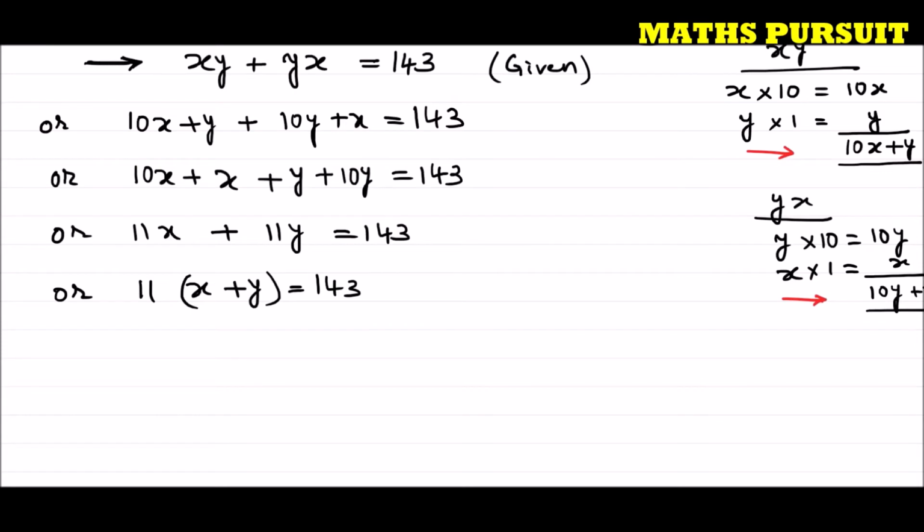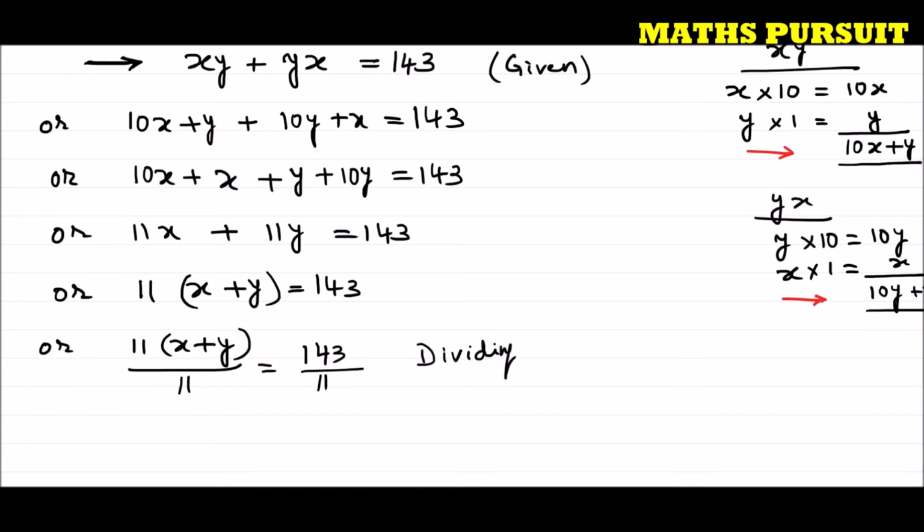Or I can write 11 times x plus y divided by 11 is equal to 143 divided by 11. What I am doing here? Dividing both sides by 11.